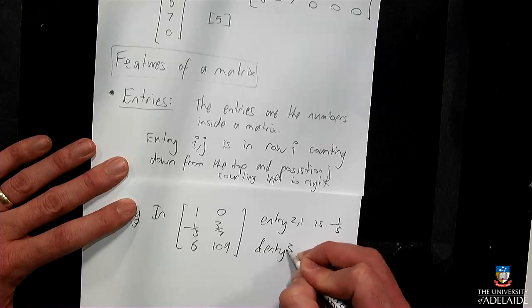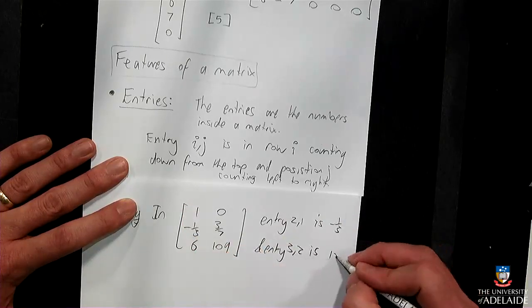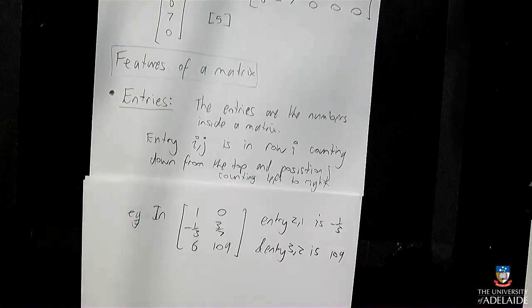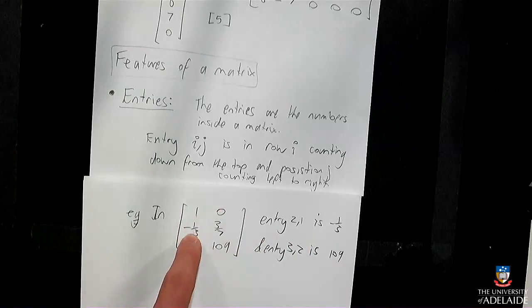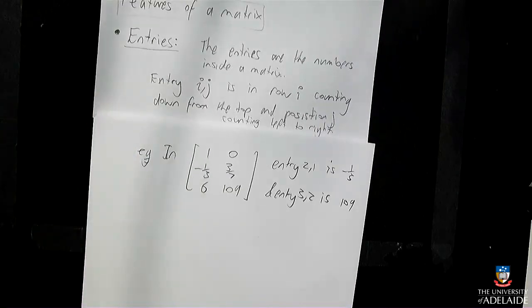And entry 3,2 is row 3, position 2, 109. Now you can do that the other way around. You can say, well, entry 2,1 is in column 1, position 2. That works just as well. But I find it easier to talk about the rows and which position within them.